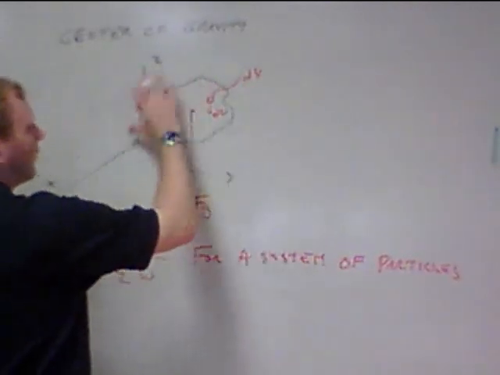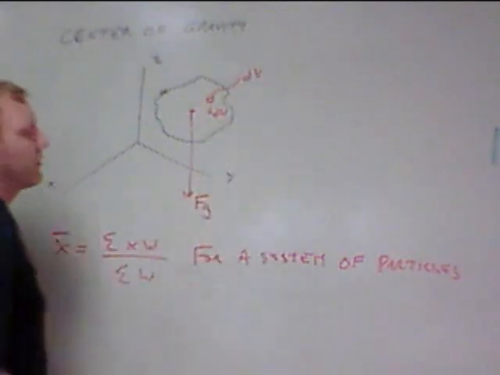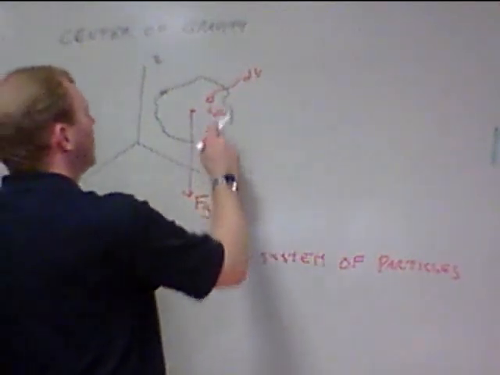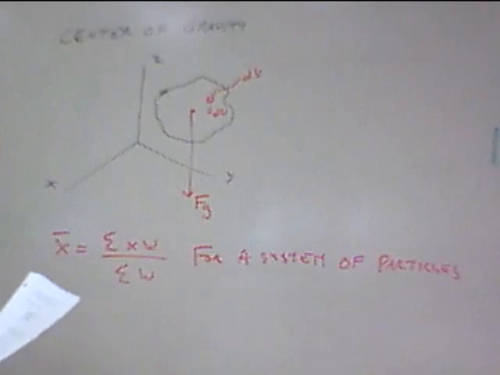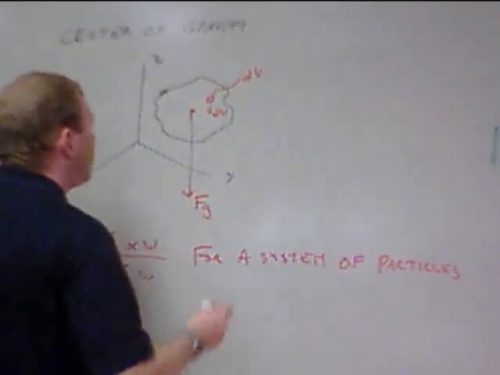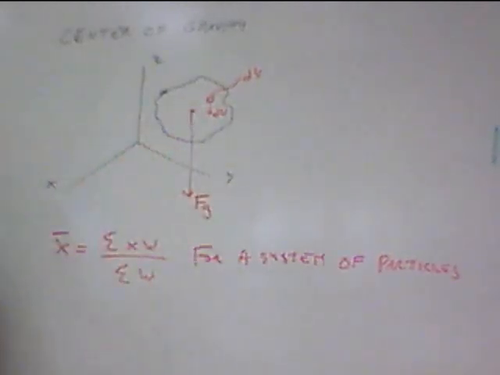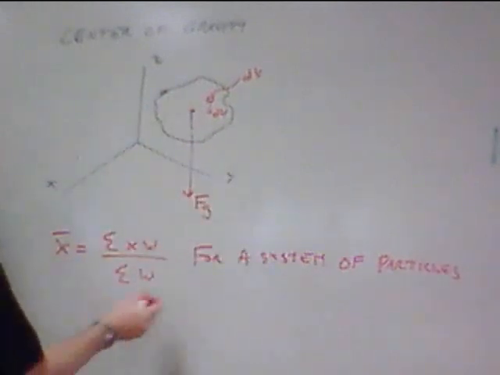So our total volume is made up of all these tiny little volume elements, and our total weight is made up of this. So what we can do here is take all of these little particles and add them together.